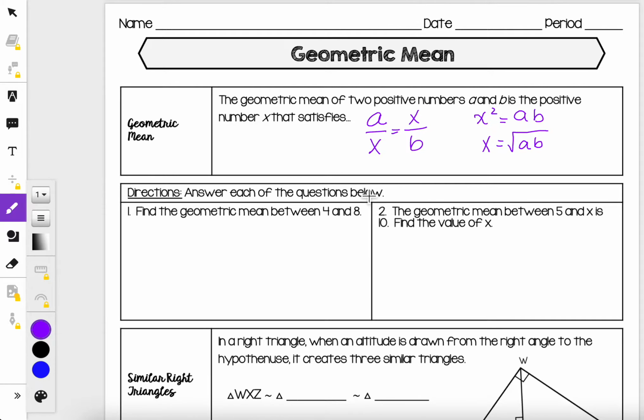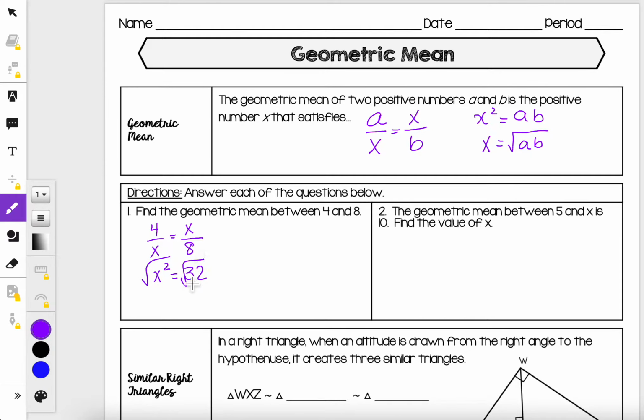So let's look at some basic problems with finding geometric mean and using this proportion. Number 1 says find the geometric mean between 4 and 8. So I would take 4 over x equals x over 8. When I cross multiply, I get x squared equals 32.